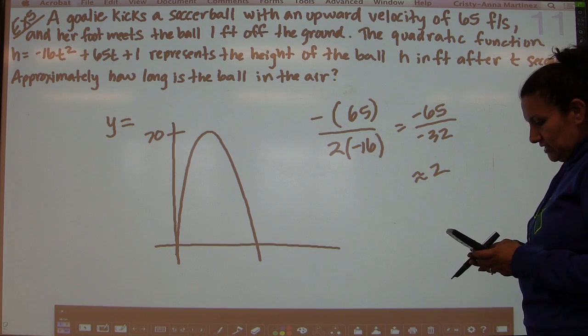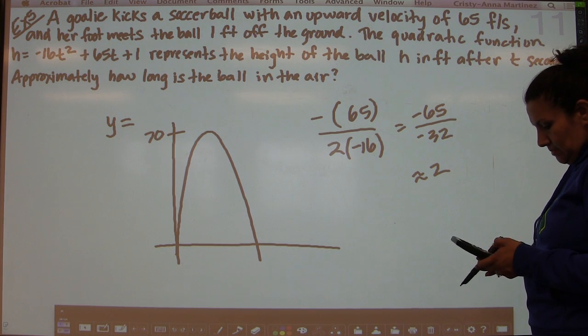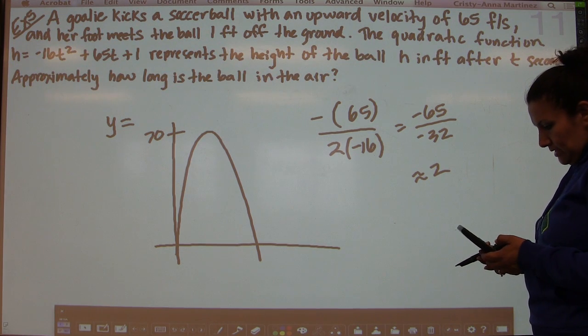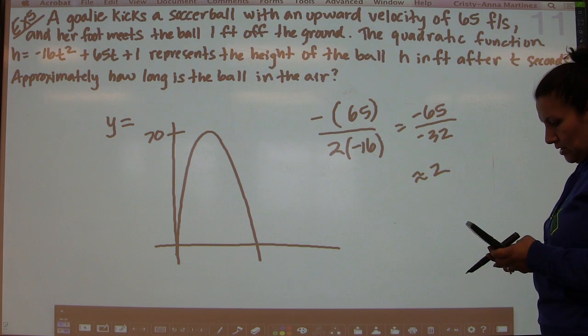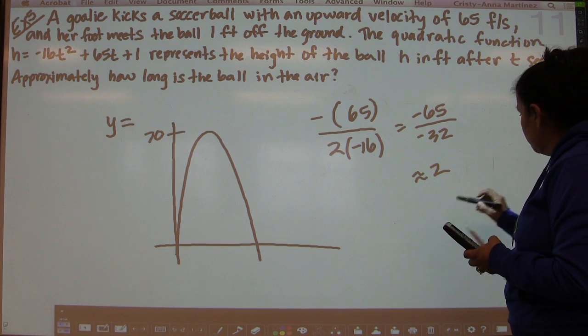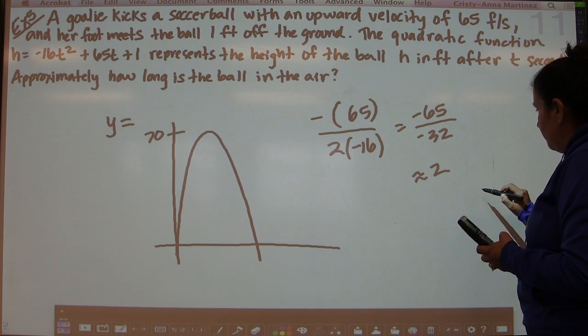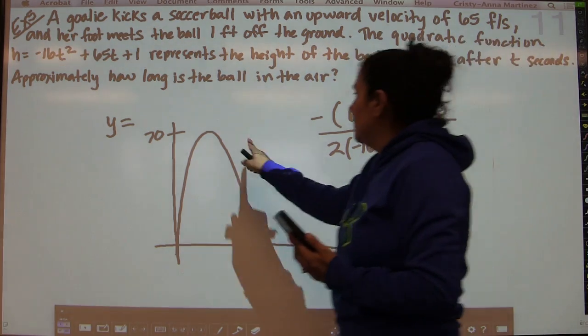It's going to be negative 16 times the answer squared plus 65 times my answer plus 1. So you're going to get approximately 67, okay, which is what you're seeing here.